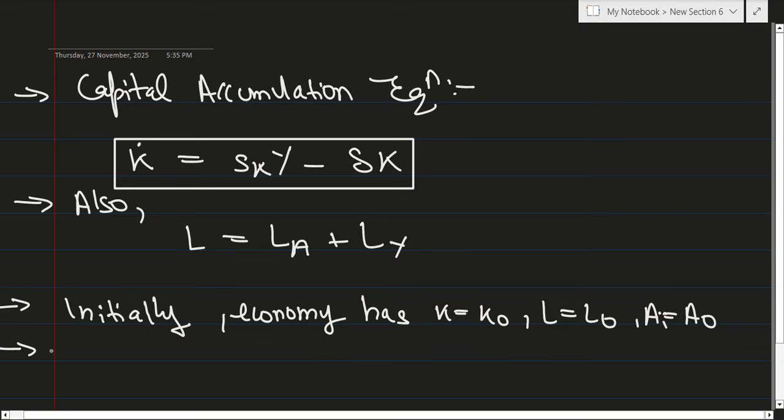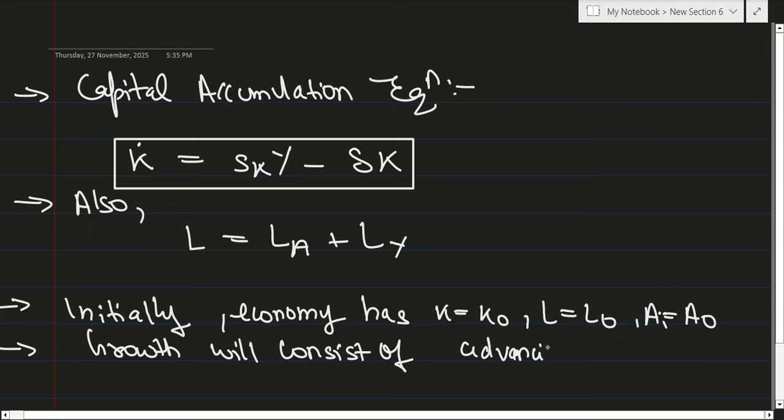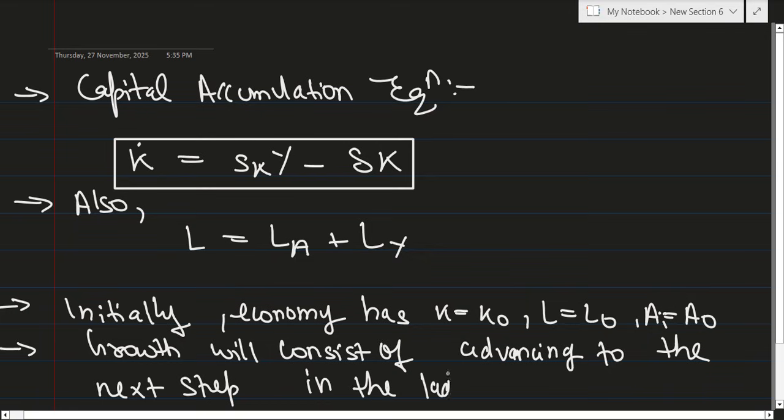Now growth will consist of advancing to the next step in the ladder of technology.